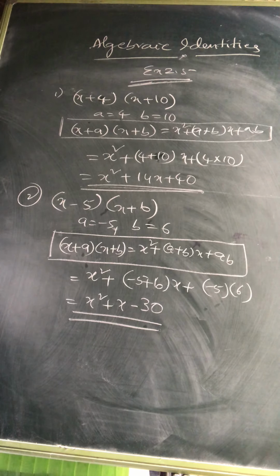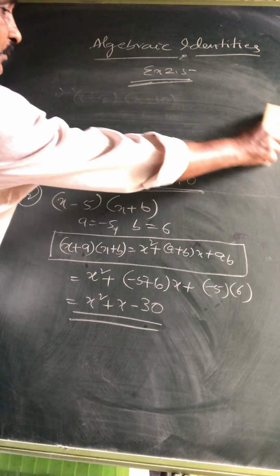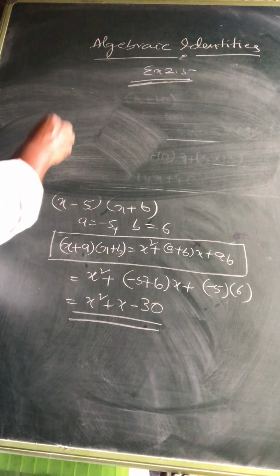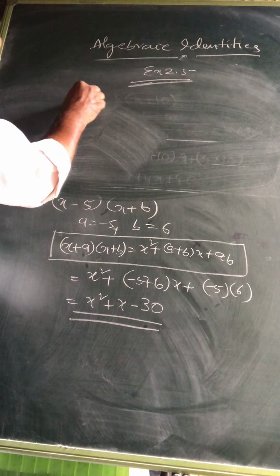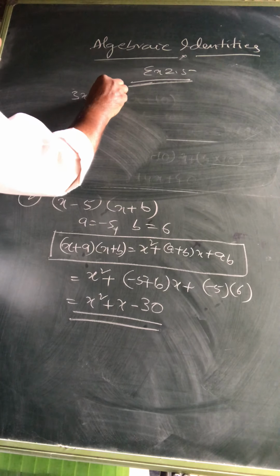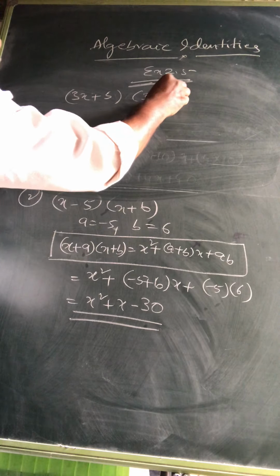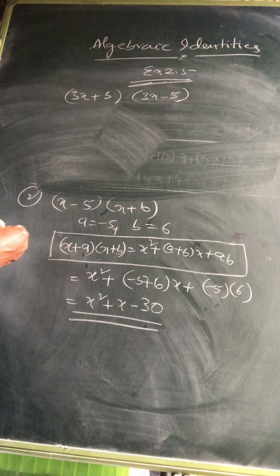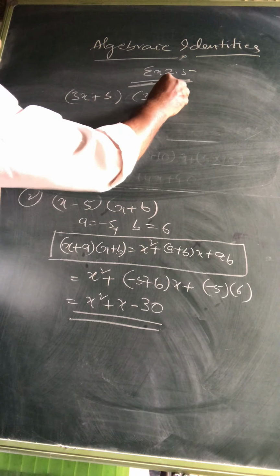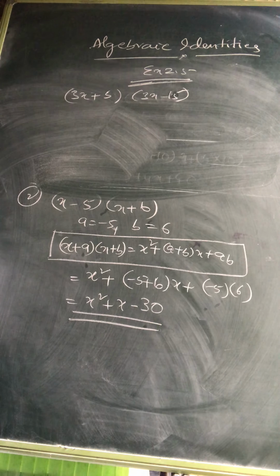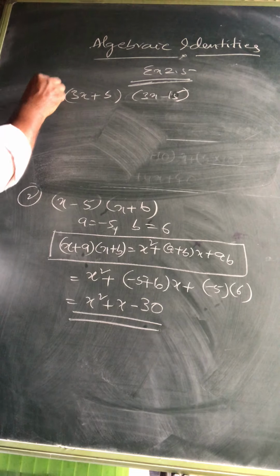Okay? Like this, a number of problems we can do. Now, for example, you can see here, (3x + 5)(3x − 15).